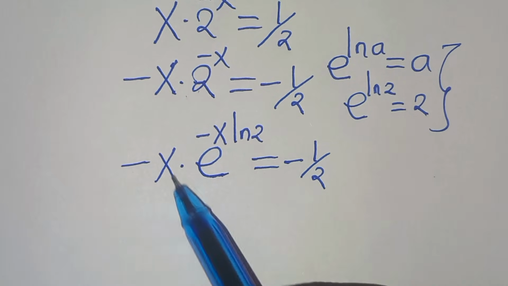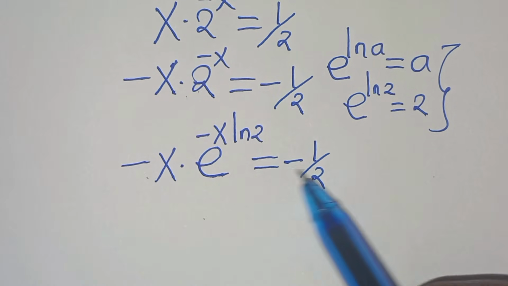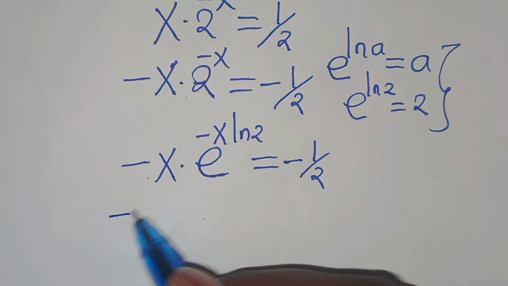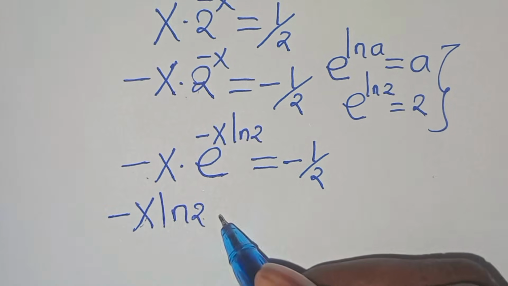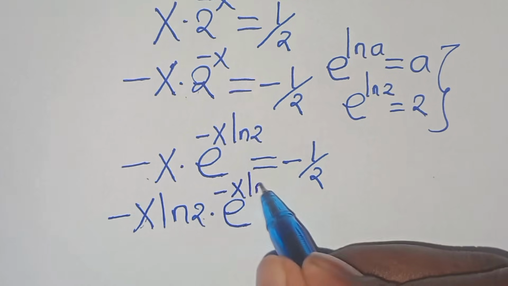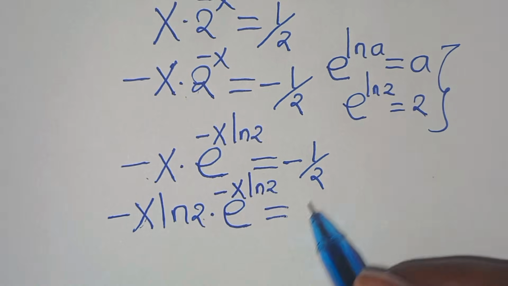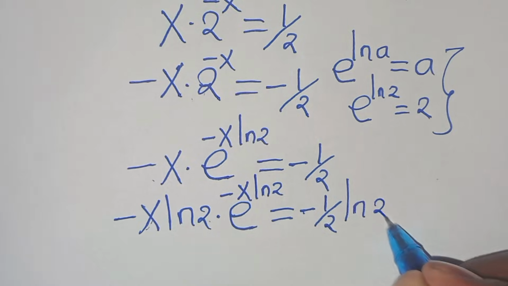This is minus x. Here we have minus x ln of 2. So let's multiply both sides by ln of 2. So we have minus x ln of 2 times e to the power of minus x ln of 2. This is equal to minus a half ln of 2.